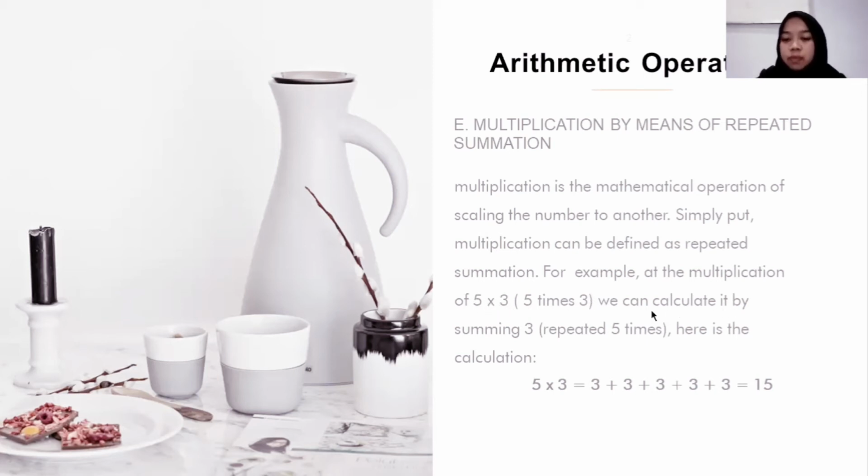We can calculate it by summing 3 and repeating it 5 times. Here is the calculation. 5 times 3 equals 3 plus 3 plus 3 plus 3 plus 3 equals 15.